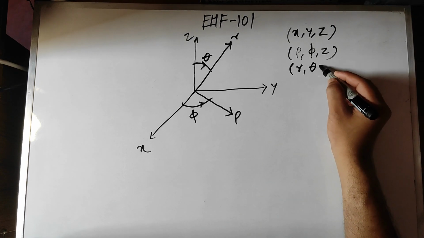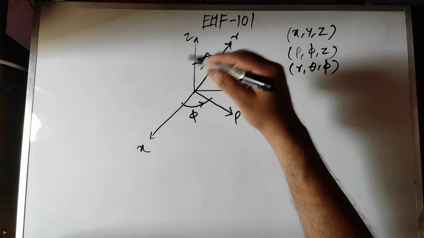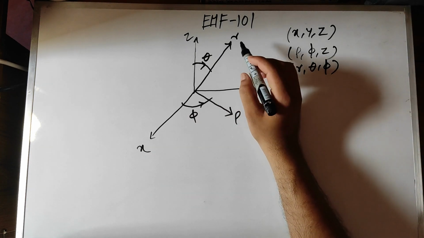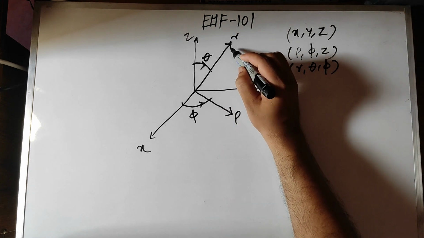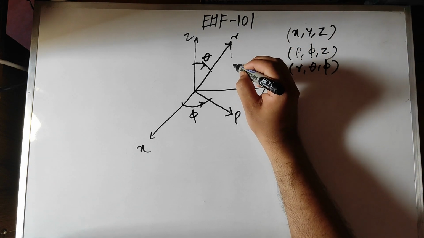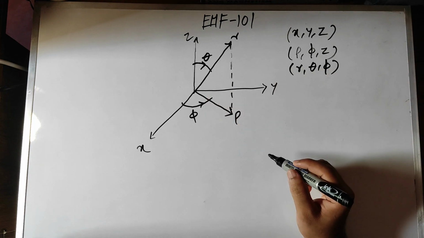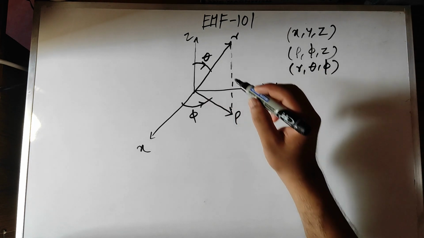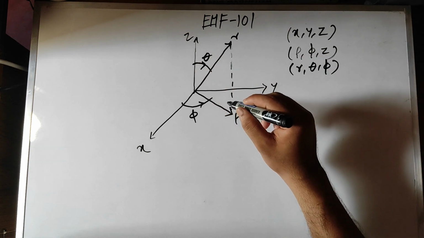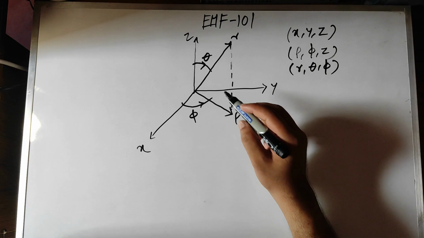If we look closely, r has a scalar projection on the xy plane, which gives rho. Or r has a vector projection on the xy plane.